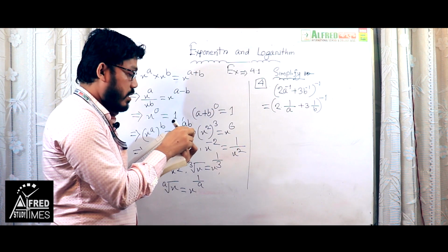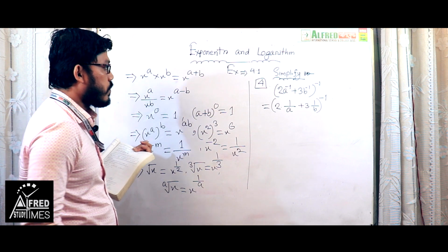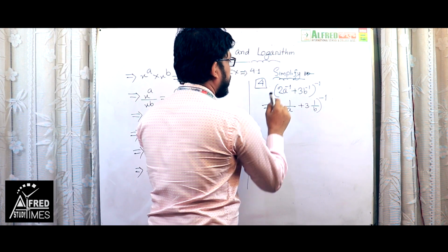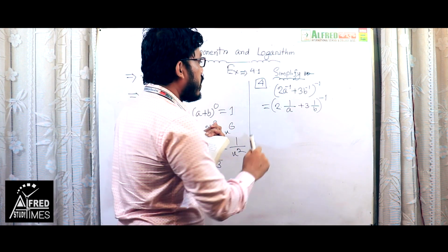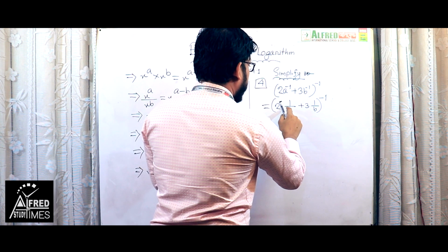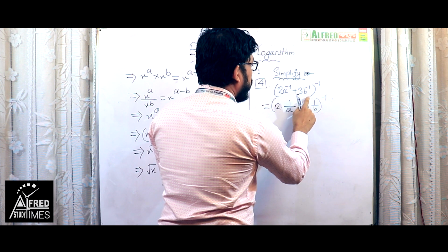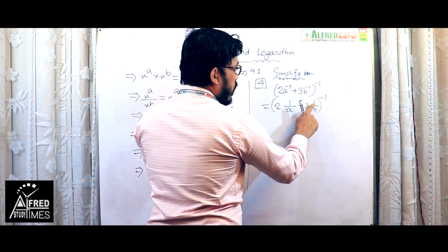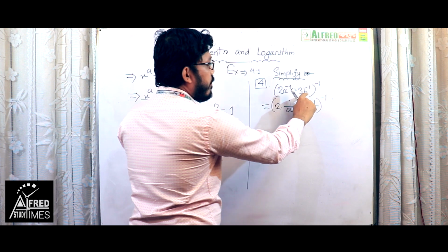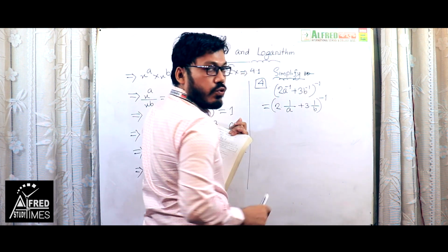We have already learned from the basic rules, if you get a minus power on a base, we have to express it in this way, 1 by a. Similarly, we can use 1 by b. We can write 1 by b from 3b inverse 1.